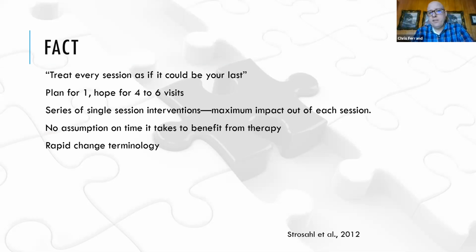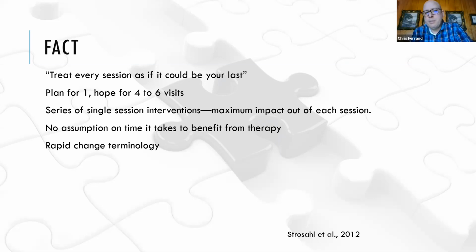We'll be treating every session as if it could be your last. You plan for 1, but hope for 4 to 6. So what ends up happening is a series of single session interventions, trying to get the maximum impact out of each session. There's no assumption on time it takes to benefit.